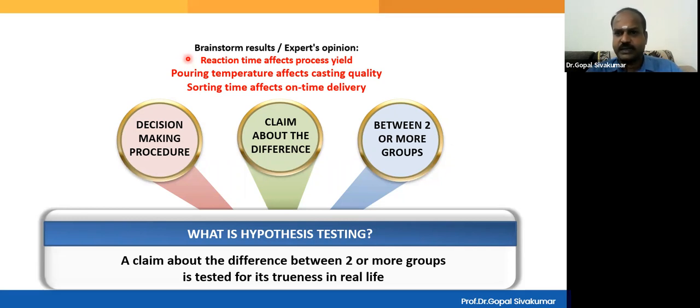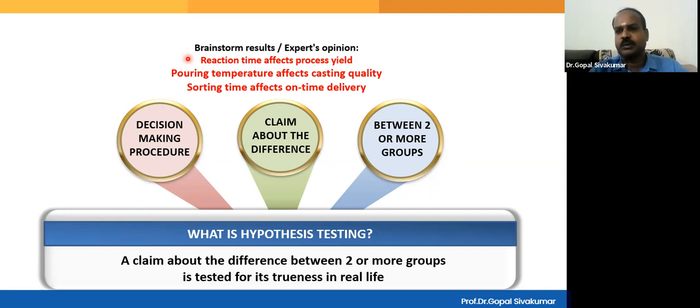So the reaction time is suspected to affect the yield of the chemical process. This is a statement, right? And pouring temperature affects the casting quality. This is again another expert's opinion. And are all these opinions really true or not? You can validate these statements by conducting an experimentation, which is called hypothesis testing.